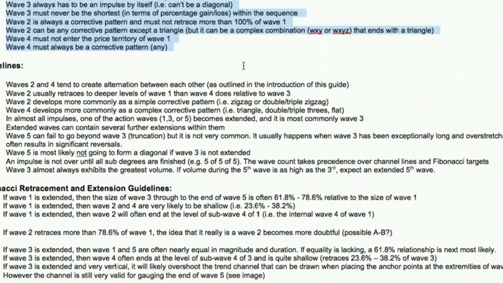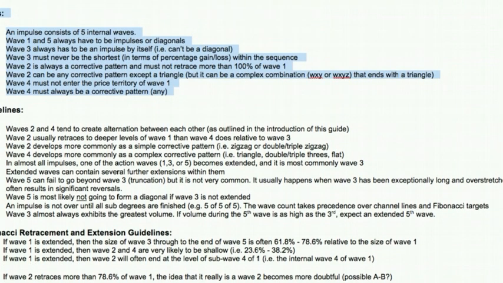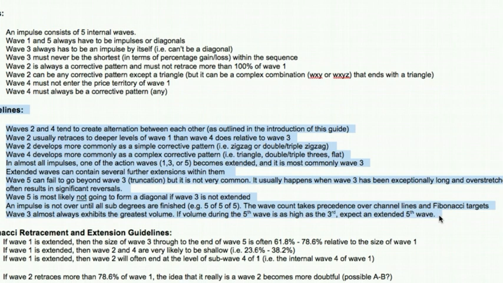Here you can see that the rules and guidelines are divided into sections. You have the rules, which are the essential parts that the pattern must fulfill. Guidelines are those things that are not fixed rules as such. They don't have to be fulfilled, but they are the most commonly occurring. So it's always important to make sure that your wave counts tend towards these guidelines whenever possible.